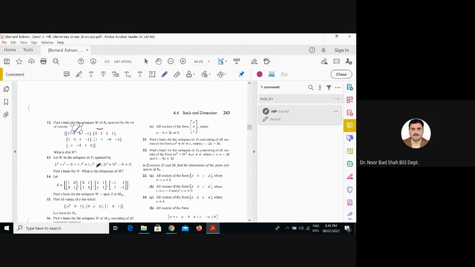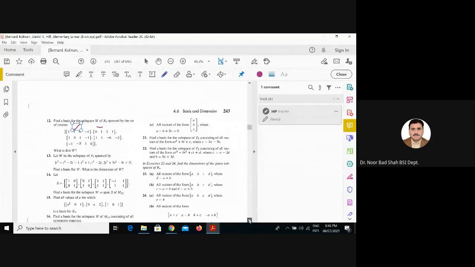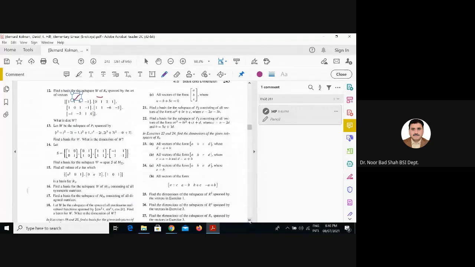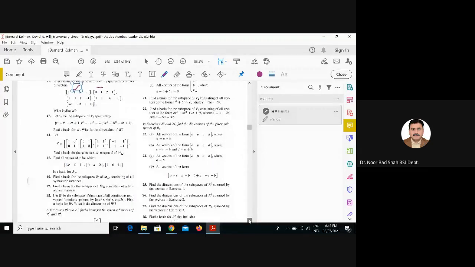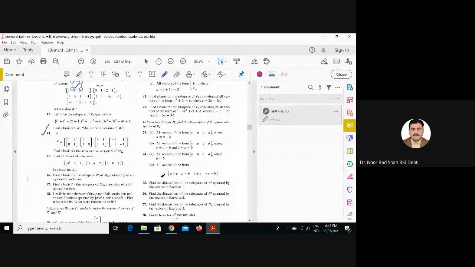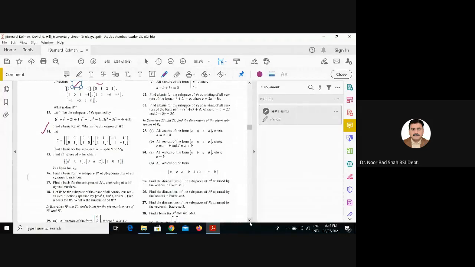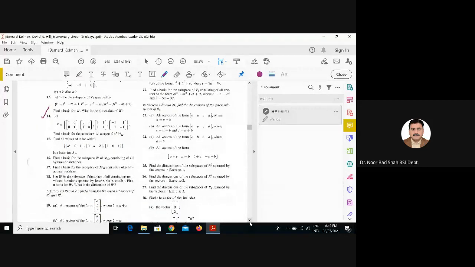Same thing for questions 13 and 14. Question 14 asks to find all values of A for which this is a basis for R3, so obviously we'll go for dependence and so on. So do up to question 14 first, then leave questions 15, 16, 17, 18.